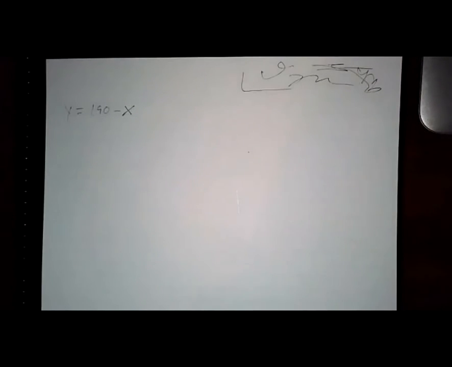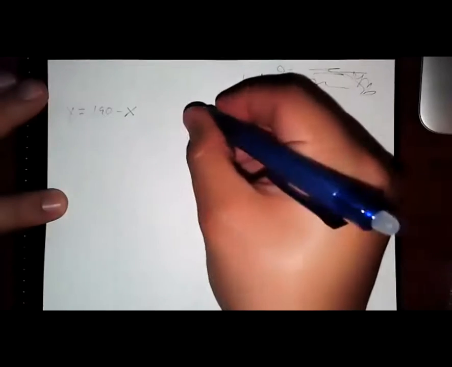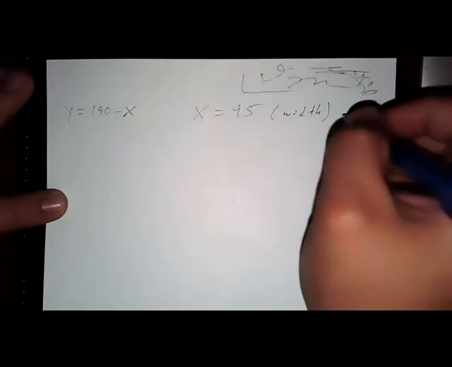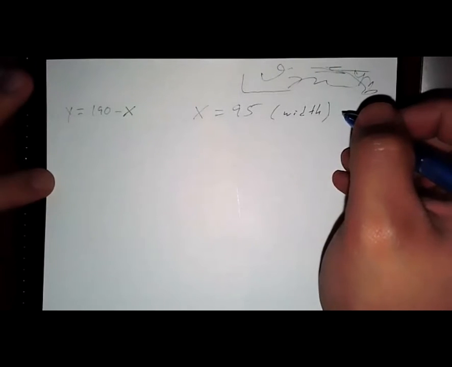So there is my width. Let me switch pens. And we found x to be 95, right? So that's my width. Plug that in, and you'll find your length.